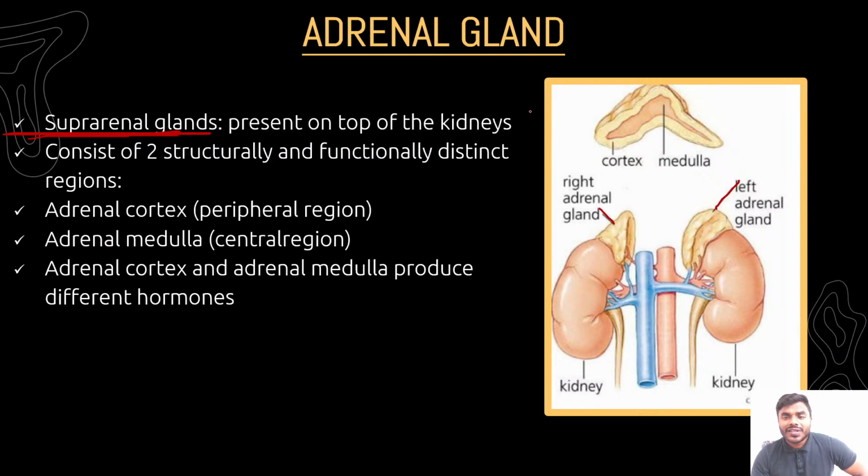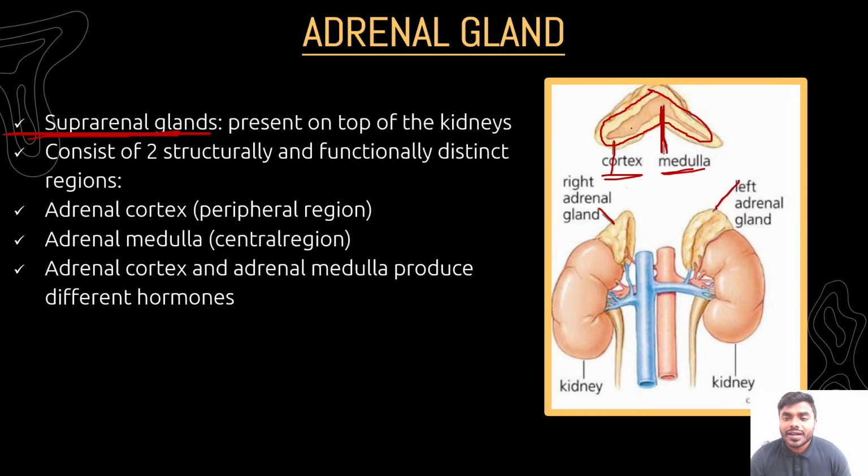If you look at the structure of an adrenal gland, it contains structurally different parts and functionally different parts. The outer region, you can also call the periphery. The outer or periphery region we call the cortex. The inner region we call the medulla.